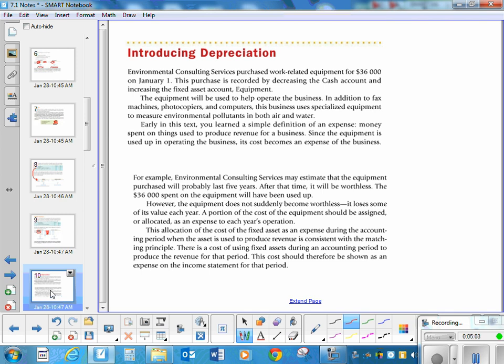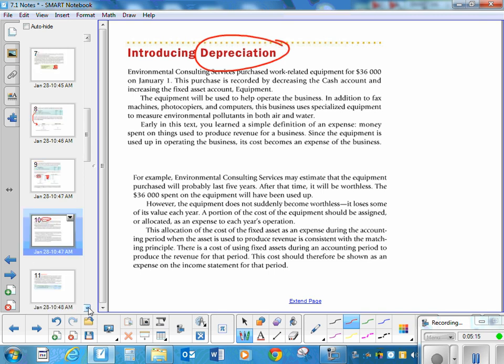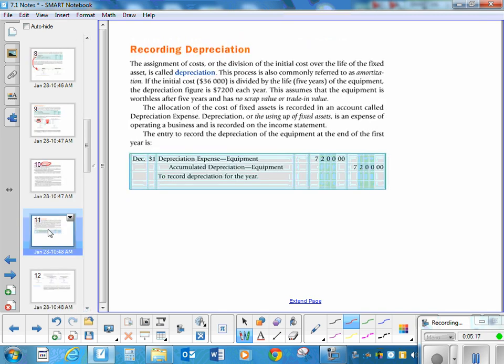The next thing we have is about depreciation. If you buy a vehicle, every year that vehicle is actually worth a little bit less because it depreciates. Okay, if we are recording depreciation, the assignment of costs or the division of the initial cost over the life of a fixed asset is called depreciation.